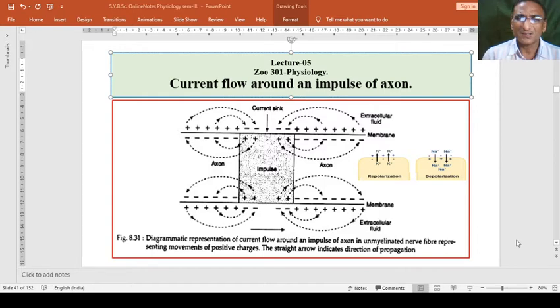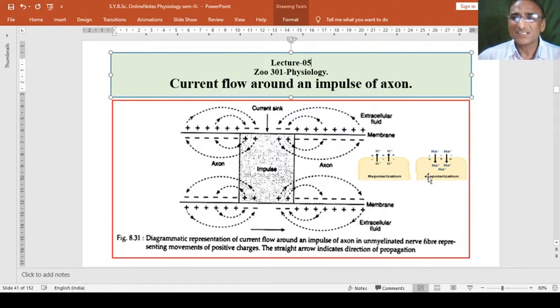In the axon, the impulse or the signals pass slowly one by one, and how the impulse is carried out or facilitated, or we can say how the action potential works, that we will see in today's lecture. So current flow around an impulse of axon is pictured here.